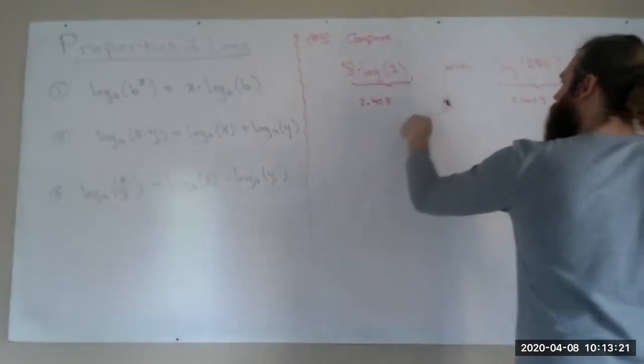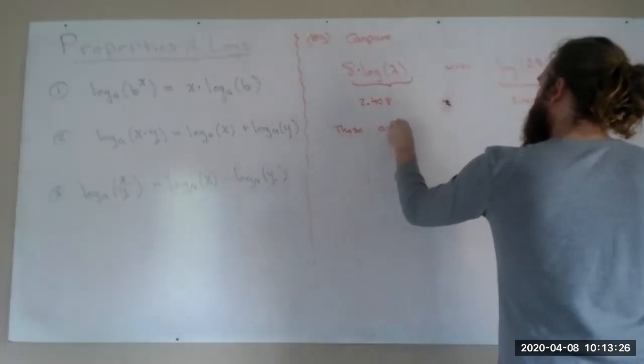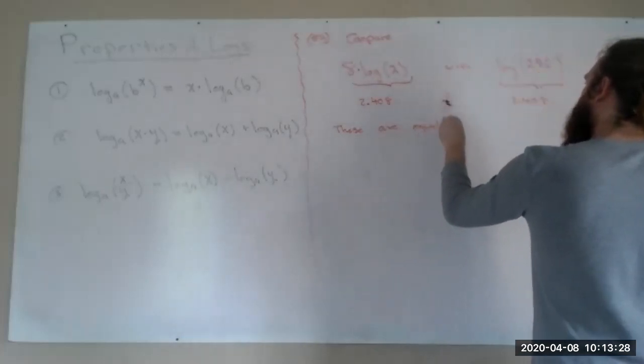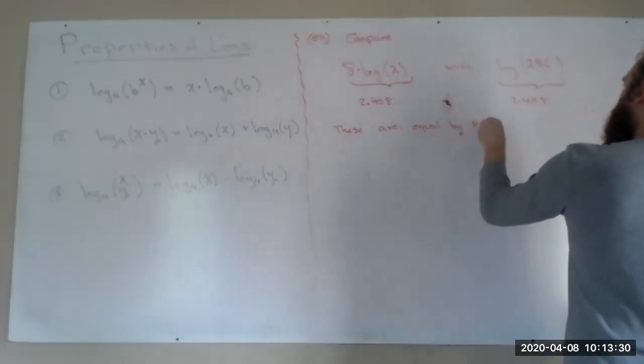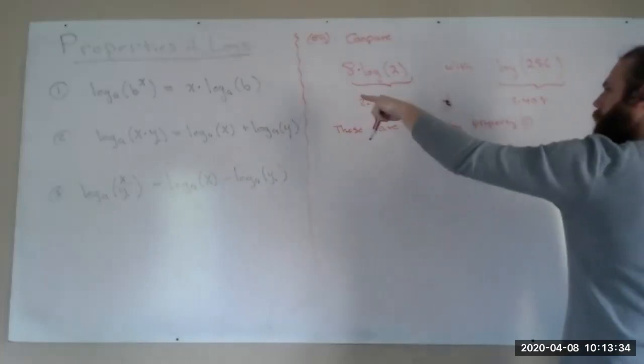So the reason these are equal is property 1. I have right over here.